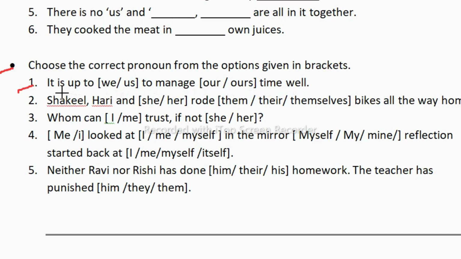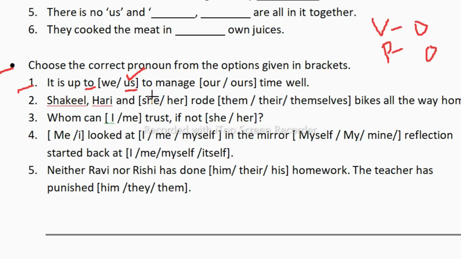You can see here to, which is a preposition, and after verb objects will come and after preposition also objects will come. Us is the object, so the correct answer is us, not we. We is a subjective pronoun, us is an objective pronoun. It is up to us to manage dash time well.